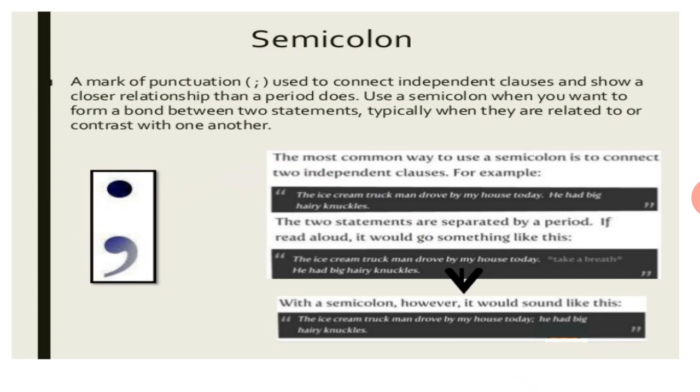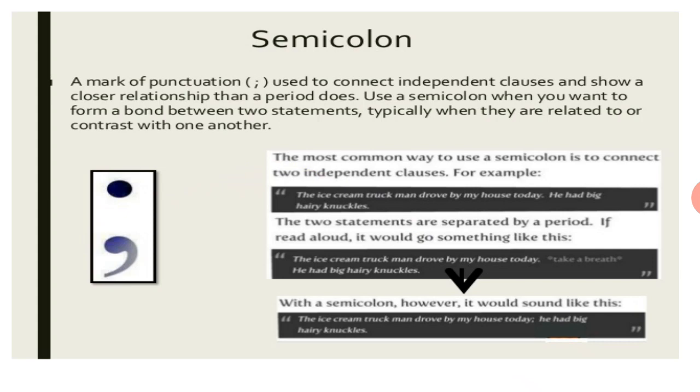A mark of punctuation, the semicolon, is used to connect independent clauses and show a closer relationship than a period does. Use a semicolon when you want to form a bond between two statements, typically when they are related to or contrast with one another.